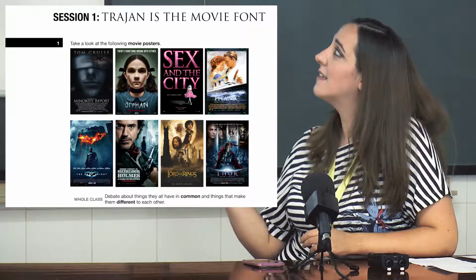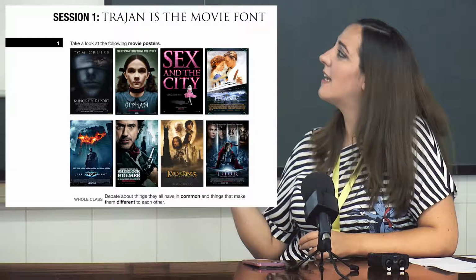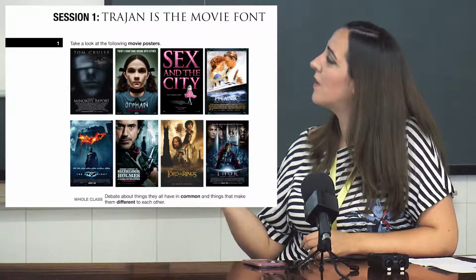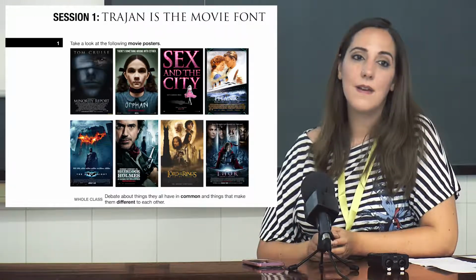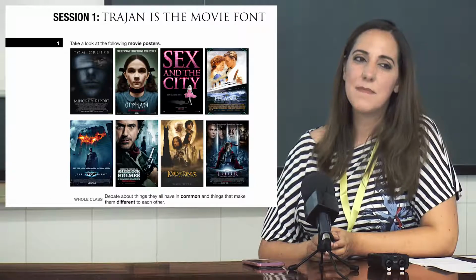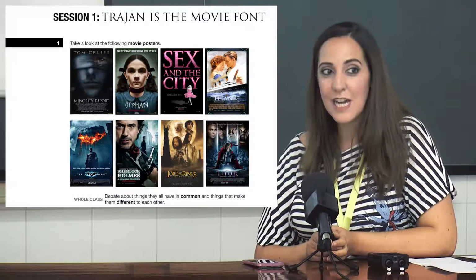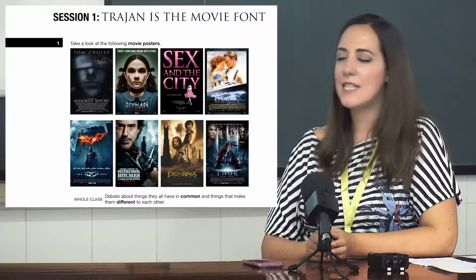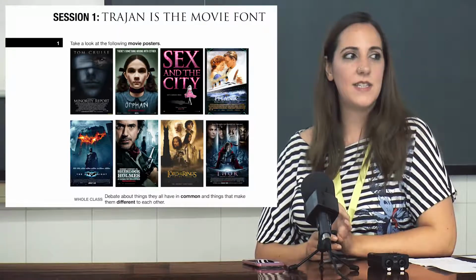Sex and the City is Trajan. Titanic is Trajan. The Lord of the Rings and Thor is in Trajan. So about 80% of the movie posters you've ever seen in your life are written in Trajan. It's so very common, it's everywhere, and it's zero original.